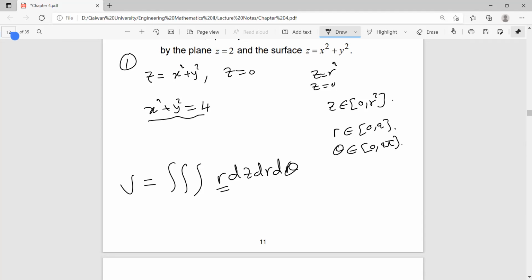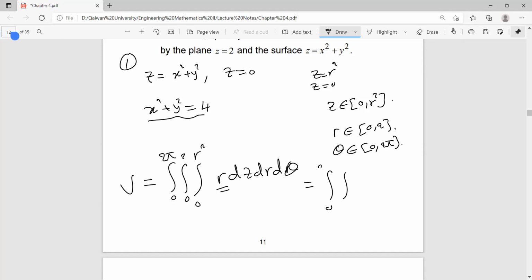What are the limits of z? From 0 to r squared. What are the limits of r? From 0 to 2. And the limits of theta? From 0 to 2 pi. Just find this integration. The first integration is with respect to z.